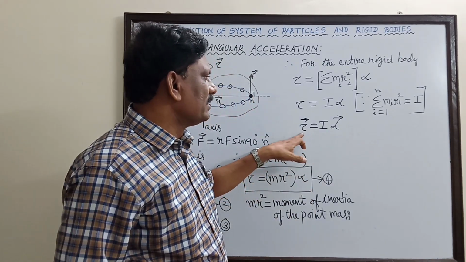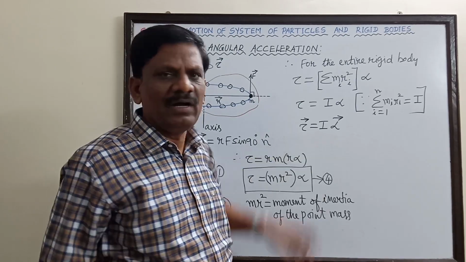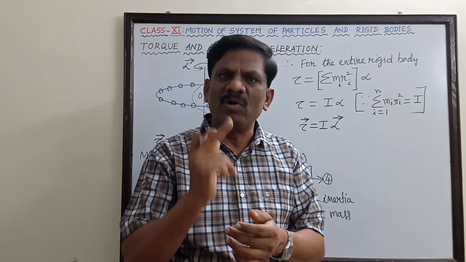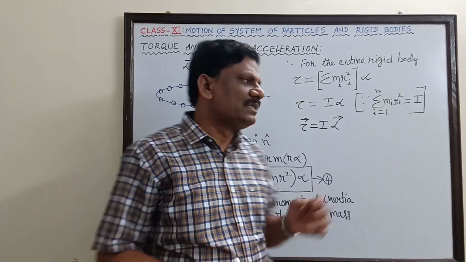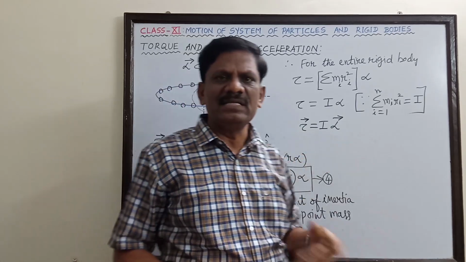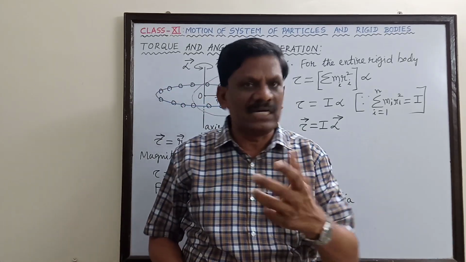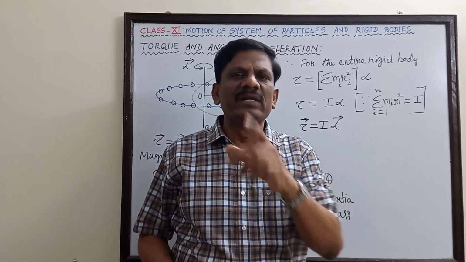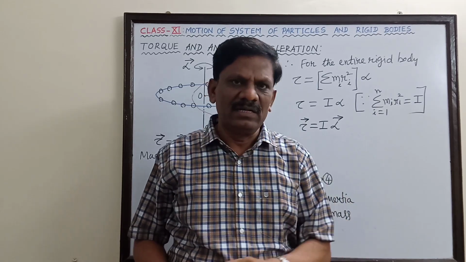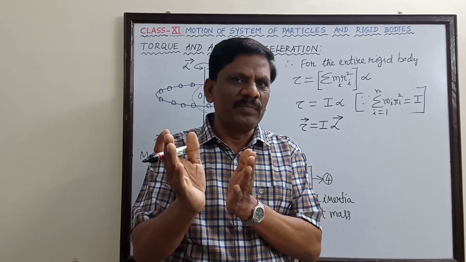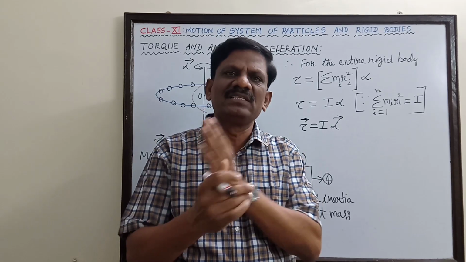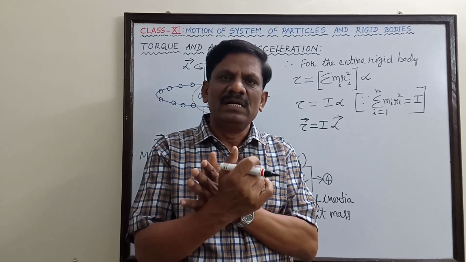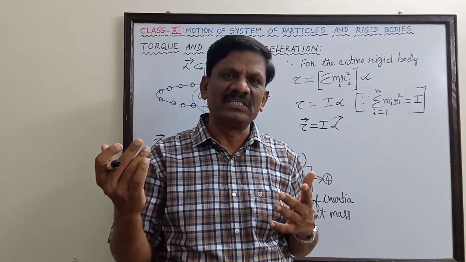So if tau and alpha are in the same direction, the body will accelerate. Suppose tau is upward and alpha is downward, then the body will retard. You can take the example of switching on a fan: the initial rotation is very slow, then continuous rotations are of higher angular speed, and finally it reaches the maximum rotational speed.